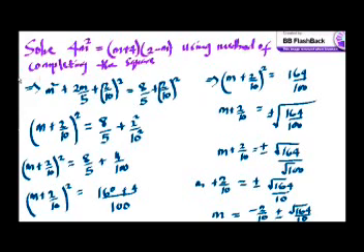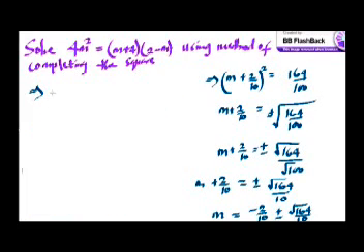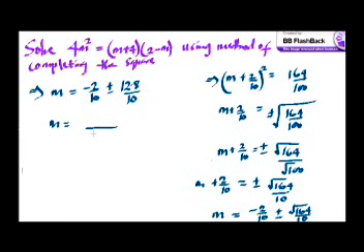And let me go this other way. What this will give is m is equal to minus 2 over 10 plus or minus 12.8 over 10, and that becomes m is equal to, taking a common denominator, minus 2 plus 12.8, or m is equal to minus 2 minus 12.8 over a common denominator, which is 10.